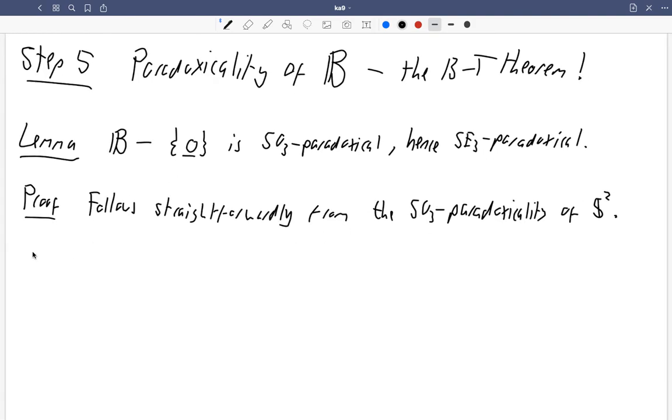For that, it's enough to show that the ball without the origin is SE3 decomposable with the whole ball itself.